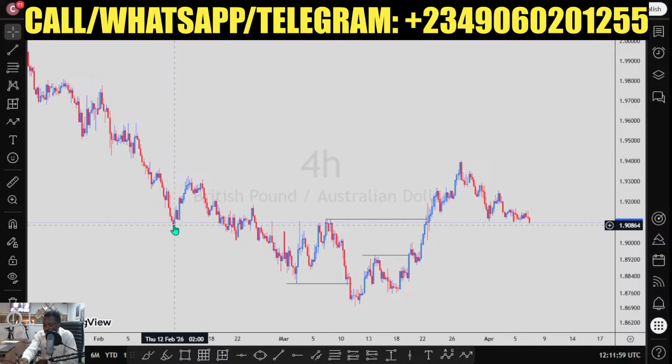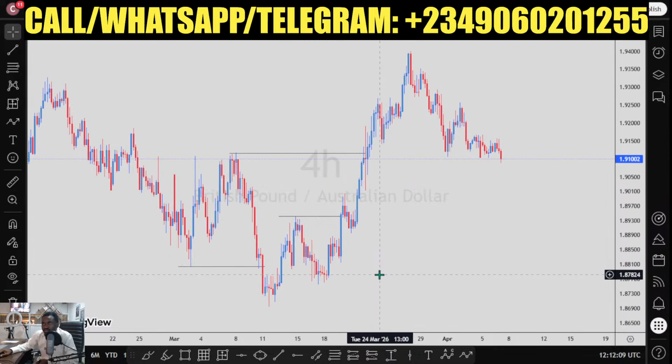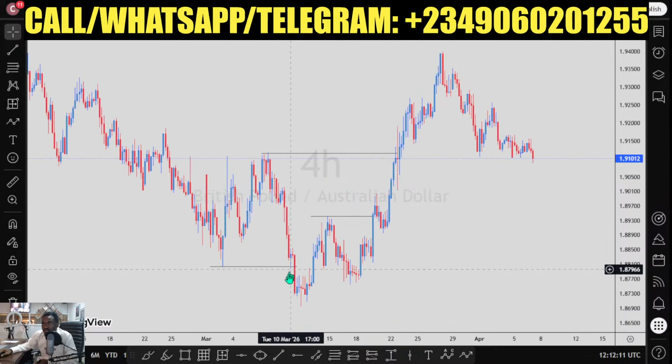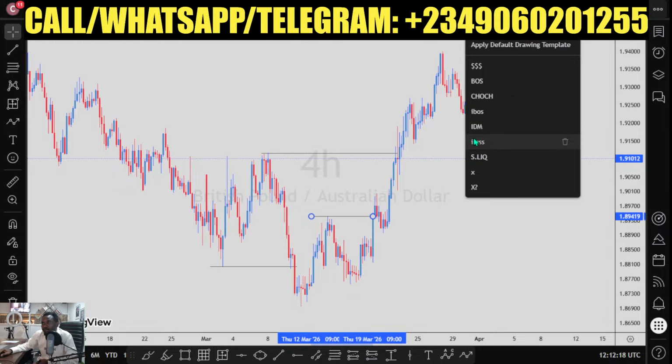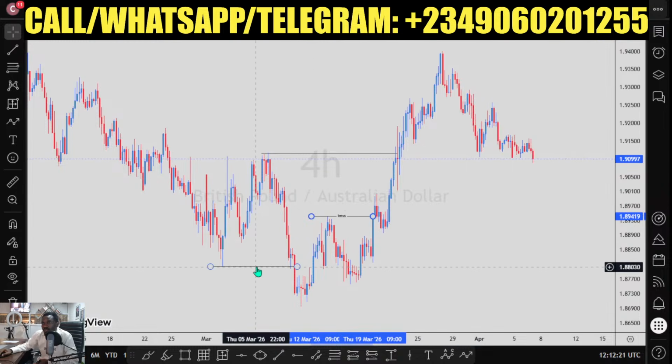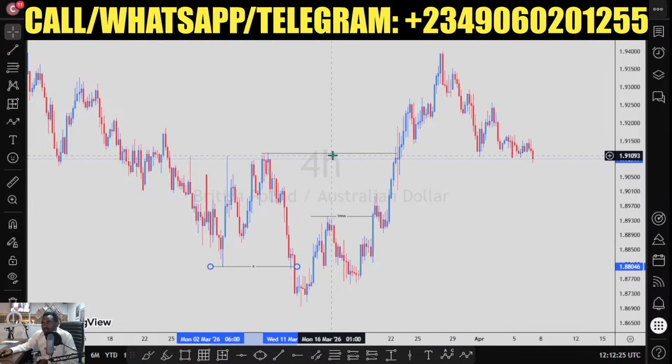Someone said let's check GBP USD. All right, GBP USD has been added. Checking this out, we have a sweep here, a push down, an internal market structure shift right here. We took out this low high structure.